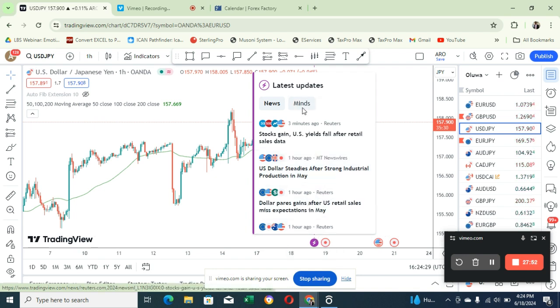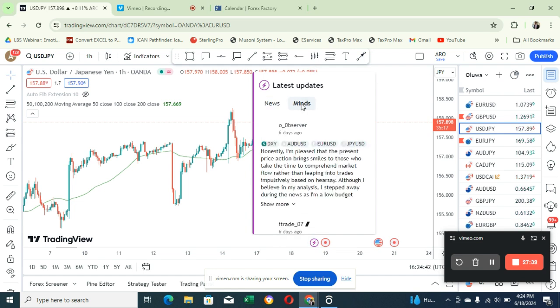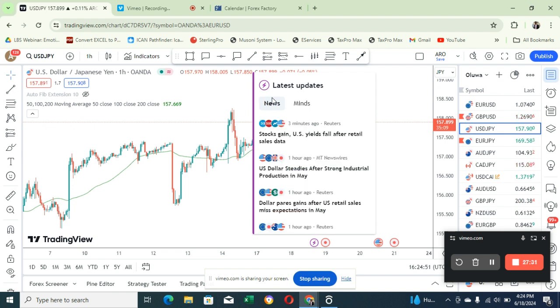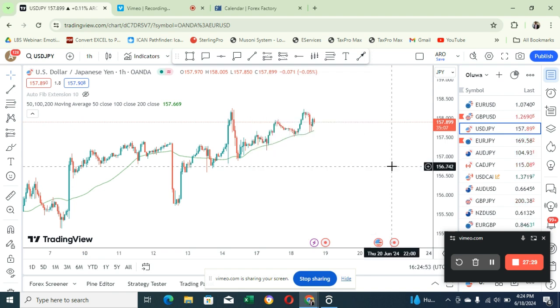All these are what we call fundamental analysis. They are very important in trading, and as a trader you have to know how to deal with all this fundamental analysis. So you can see the minds of the traders, what they were going to say concerning any major news.